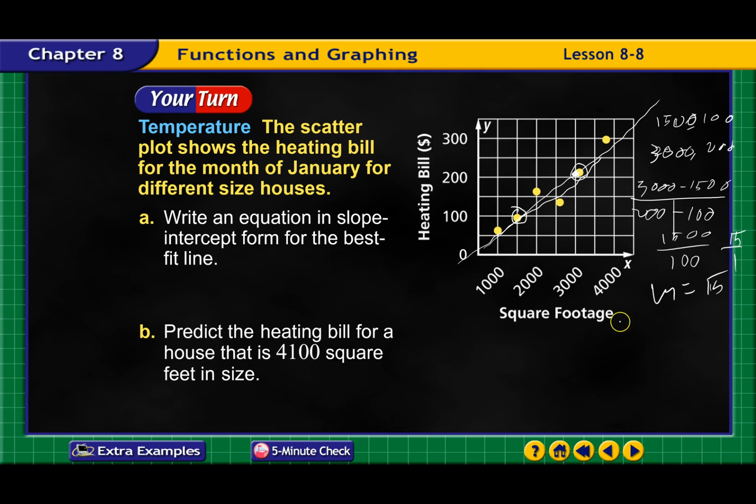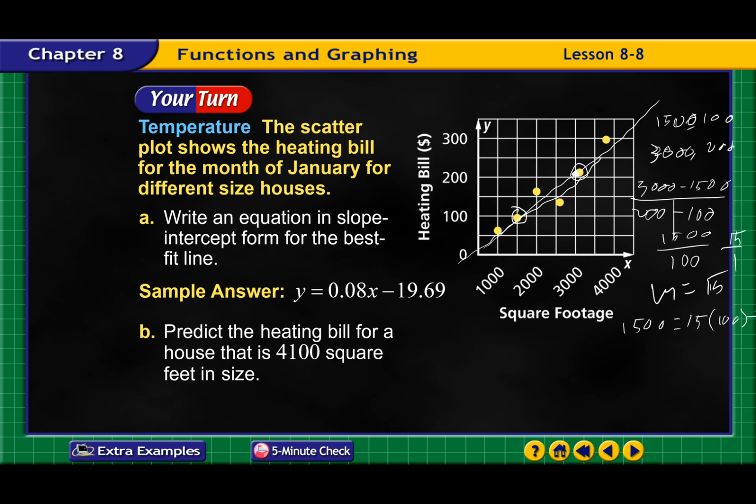Let's take one of those numbers here. So I'm going to take y, let's take the smaller one, 1500 equals 15 times 100, is that right, plus b. Wow. So sample answer. Wow, my sample answer is way off there.